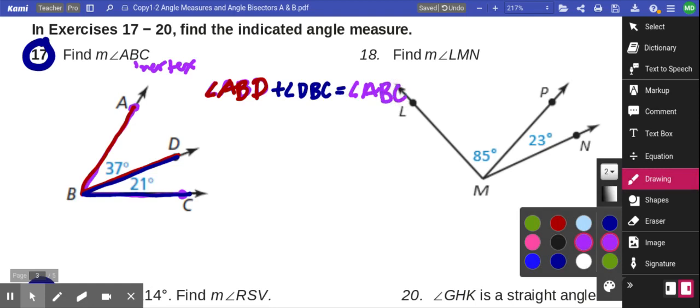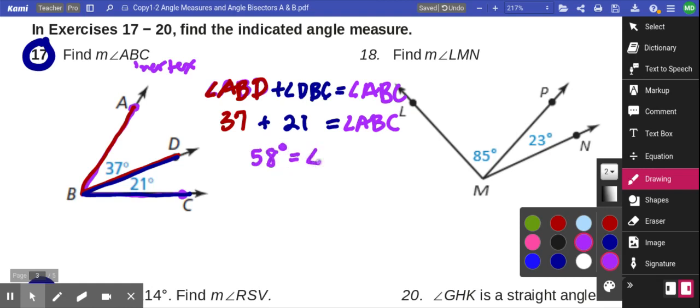That's my whole angle. So if I plug in what I know, angle ABD is 37. I know that angle DBC is 21. So altogether, I'm just going to add these two numbers to give me my whole angle. That is going to be 58 degrees for angle ABC.